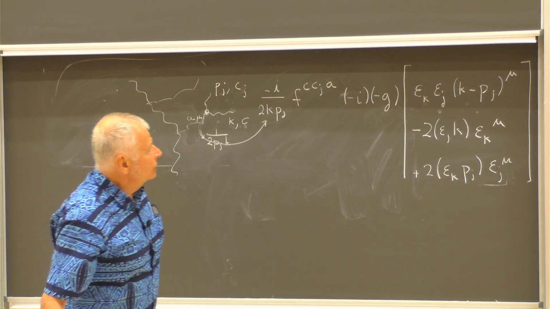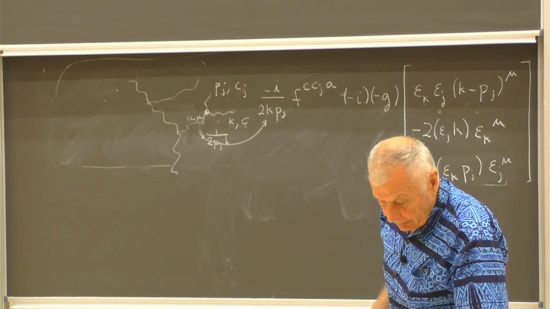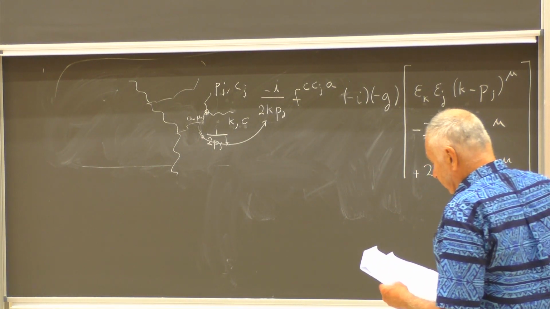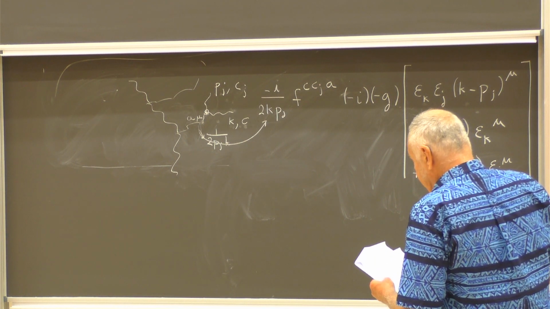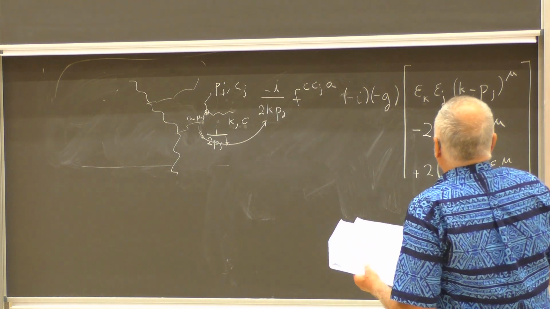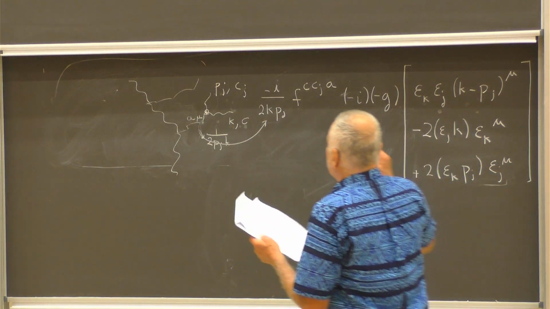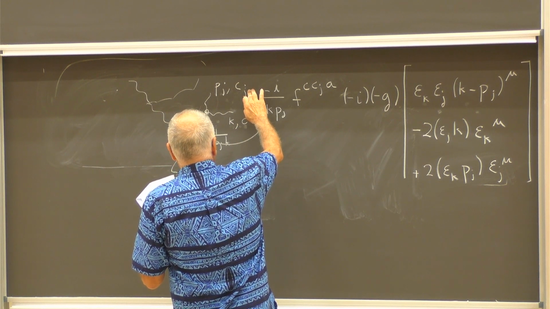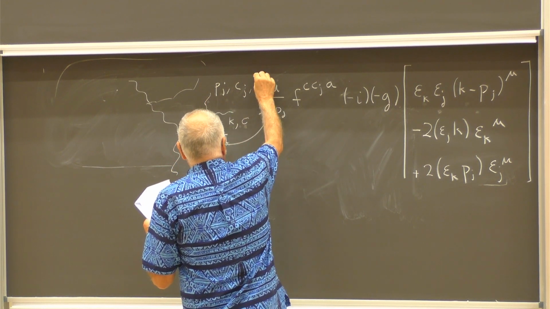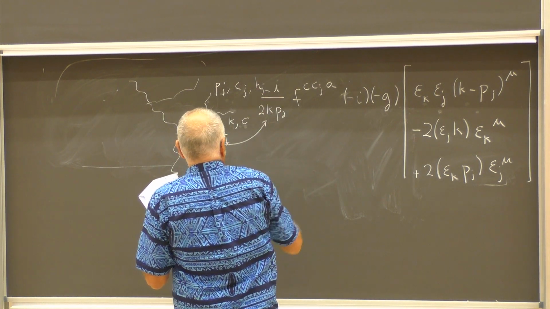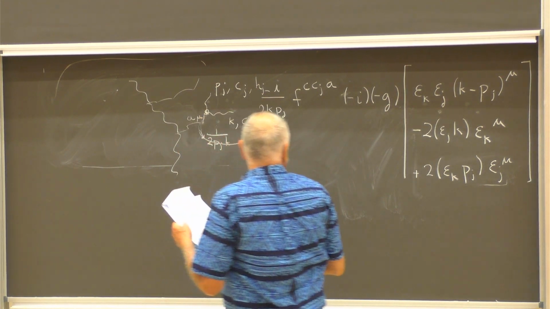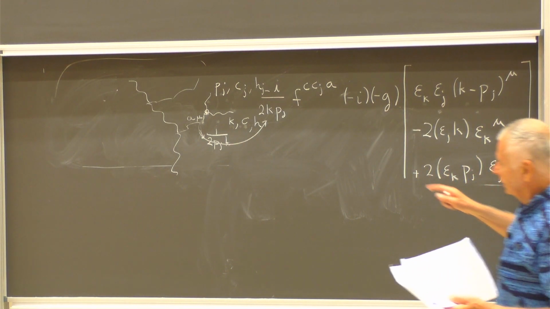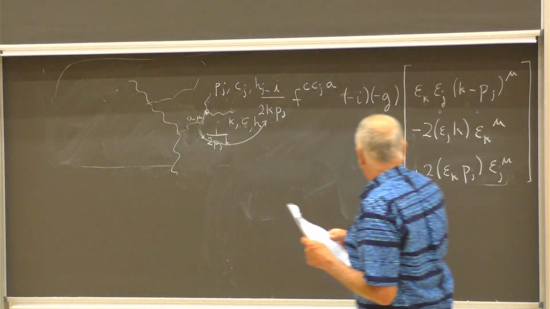Okay, so now you see that again what we can do is the following. For the first term, suppose I also have to specify the polarization of this hard gluon, so it's Aj, and I have to specify the polarization of the soft gluon.